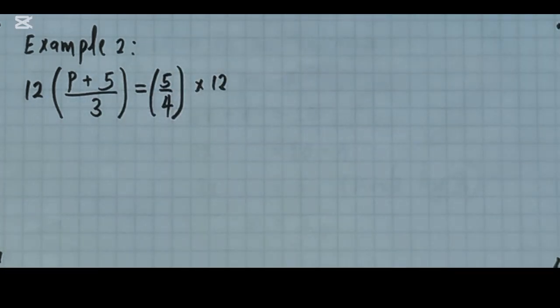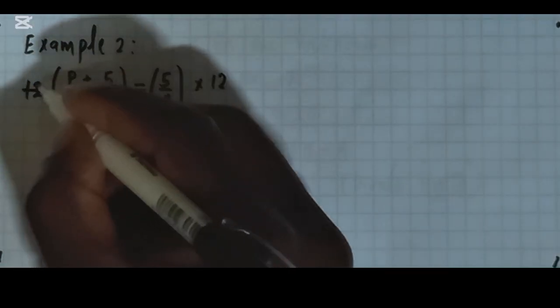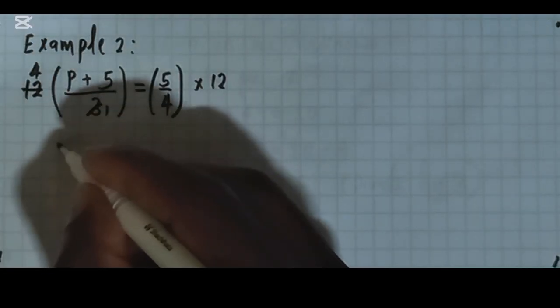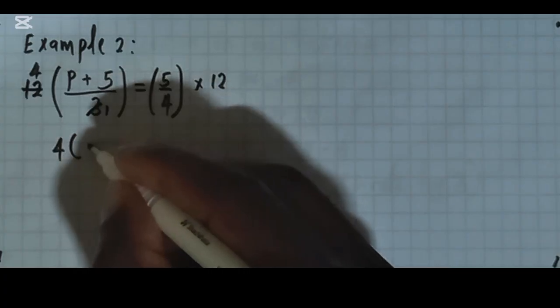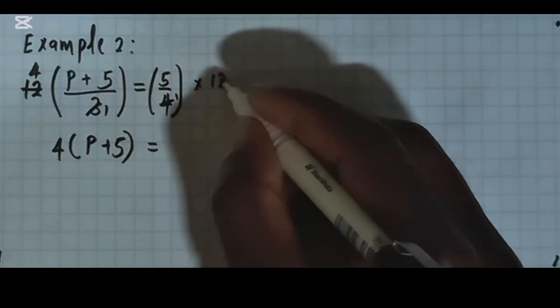So notice that 3 goes here 4 times. This is going to give us 4 into (p plus 5) being equal to, 4 goes here once, 5 times 3, giving us 15.